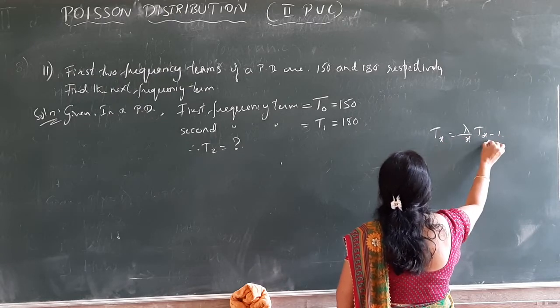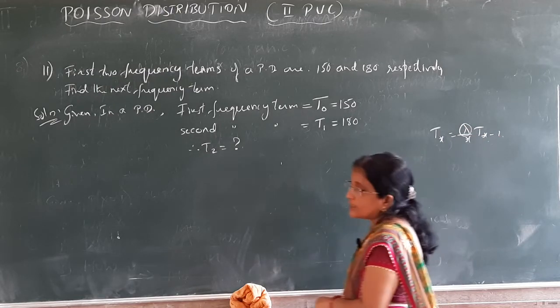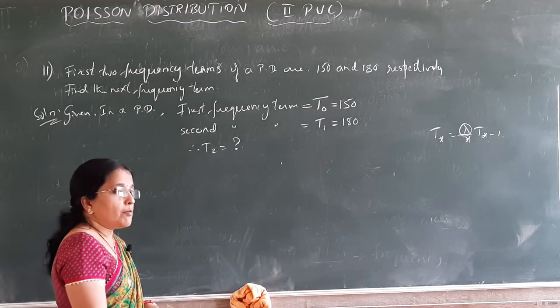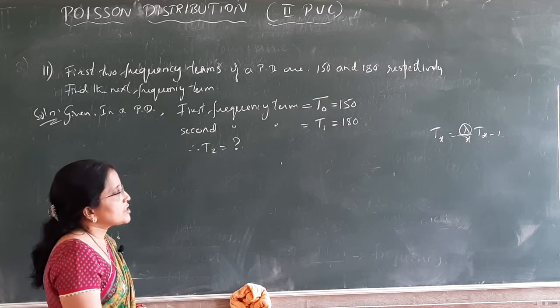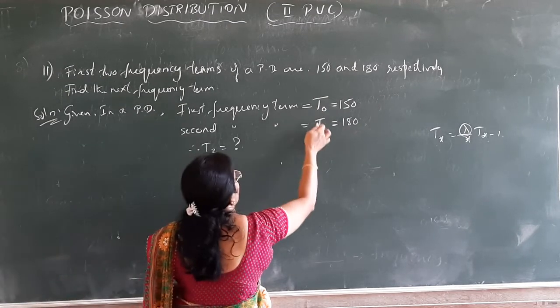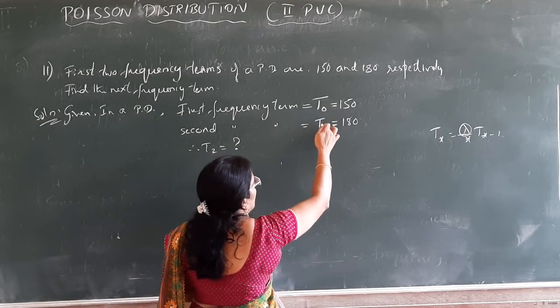To use the recurrence relation, we must know first the value of lambda. So first, with the help of the given information, we must find the value of lambda. For that, we can use these two terms, T0 and T1.